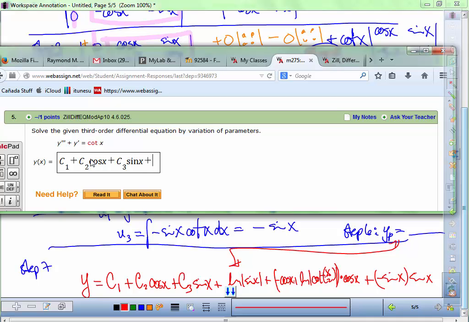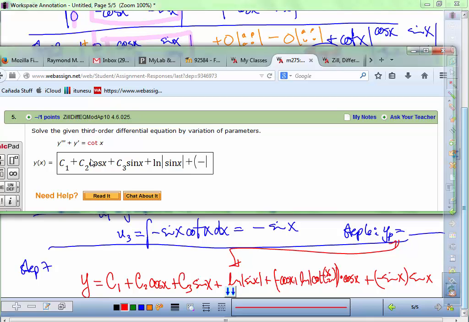All right, so that's the complementary solution. Now let's try to get the general solution here. Do you use absolute value? Yes. Sine x. So I'm going to go with what I have here, which is a plus and then a negative inside of a parentheses. Cosine x plus ln.